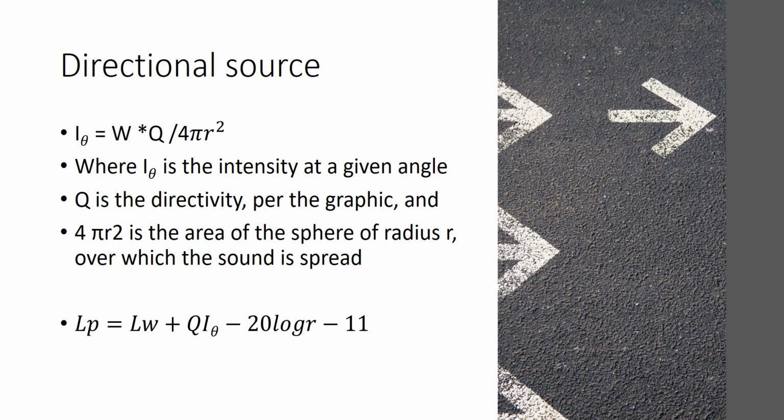Before, the intensity and watt relationship was I equal to watt per 4 pi r square. Now, including the directional source, I theta is equal to watt into Q by 4 pi r square, and Q is the directivity.